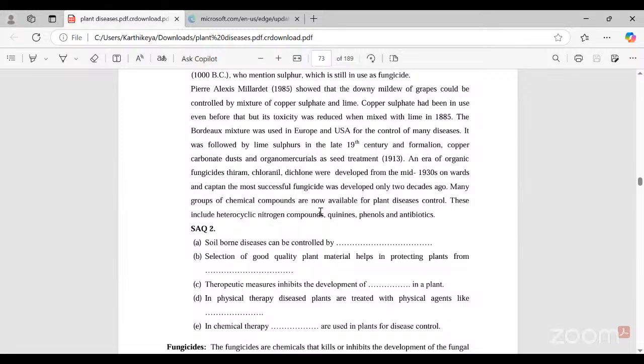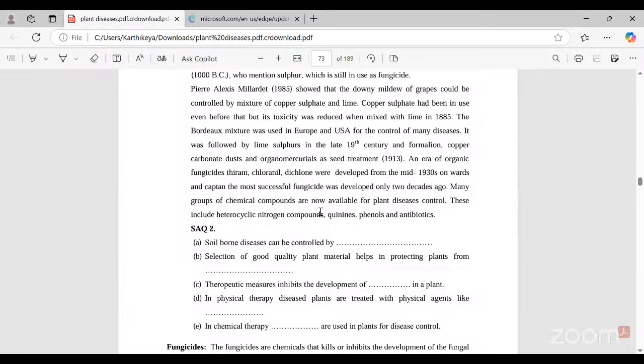Copper sulfate had been in use even before that, but its toxicity was reduced when mixed with lime in 1885. The Bordeaux mixture was used in European countries and the USA for control of many diseases. It was followed by lime sulfurs in the late 19th century, and formulations of copper carbonate dust and organomercurials as a seed treatment.